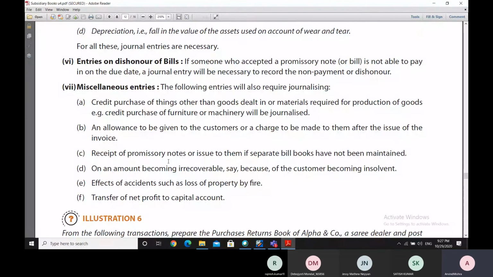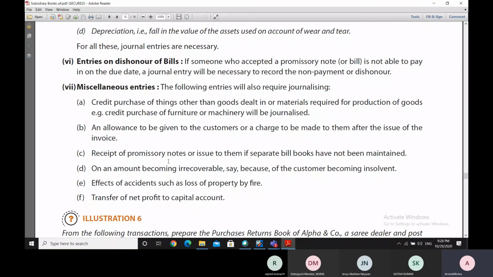The second entry which is required to be done in the journal is an allowance which is given to the customer or a charge which is to be made to them after the issue of the invoice. Invoice has already been issued.